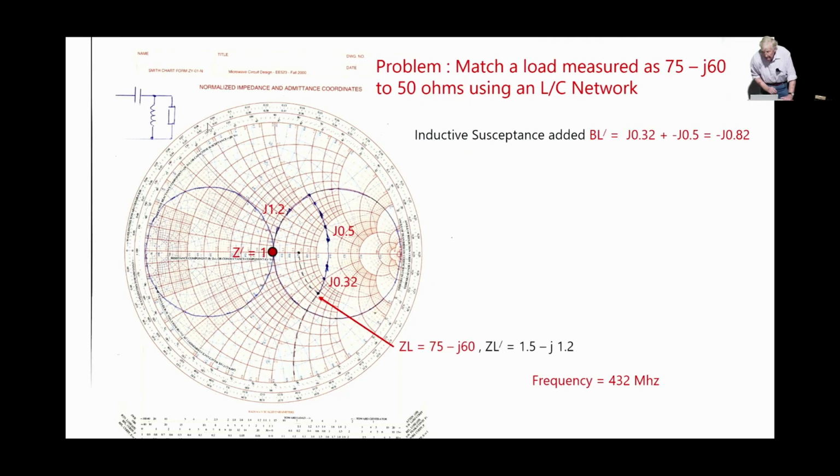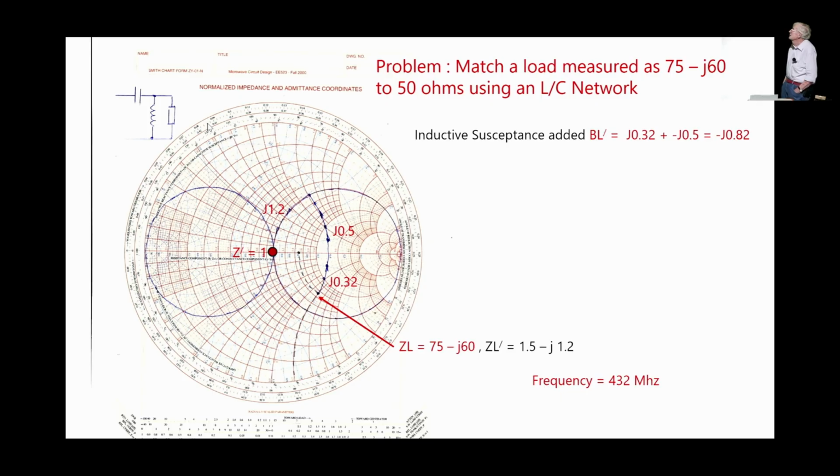So this one is very, very simple, and I've used the dual chart. I've got a load measured at 75 minus J60, and we want to match that to 50 ohms. So I start, you can see there, at 75 minus J60, and I move around that circle, and I move a total reactance of 0.32 plus 0.5.